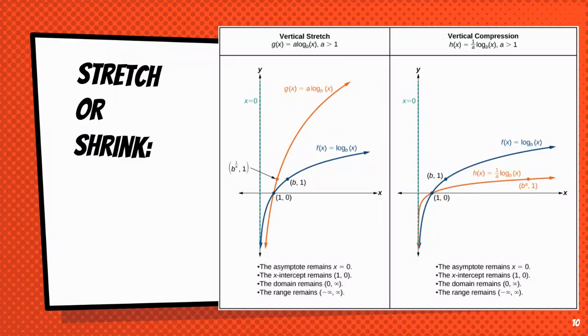A vertical stretch would be if A is a number greater than 1, and a shrink would be if A is less than 1. So for example, we might have something like g of x equals 2 log b of x. Or we might have h of x equals 1/2 log b of x, okay?